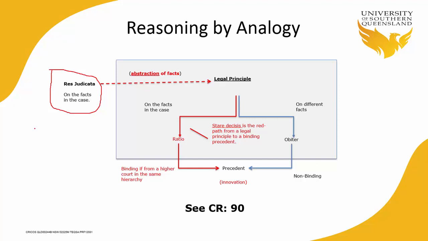Something to that effect. I've now formulated a legal principle. And why is it again a principle, not a rule? Because it applies to so many different categories, to so many different areas under the law.